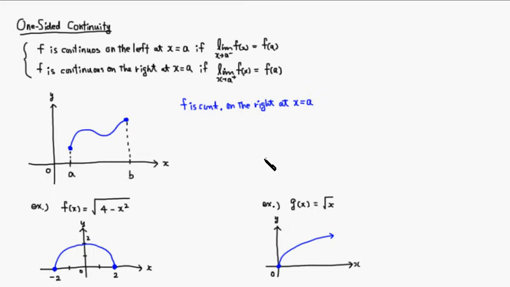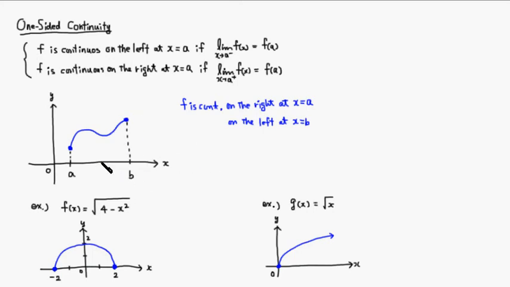Right? And if you look at the right endpoint b, at x equals b, there's nothing on the right of b, but we can only approach from the left-hand side. So f is continuous on the left at x equals b, right?